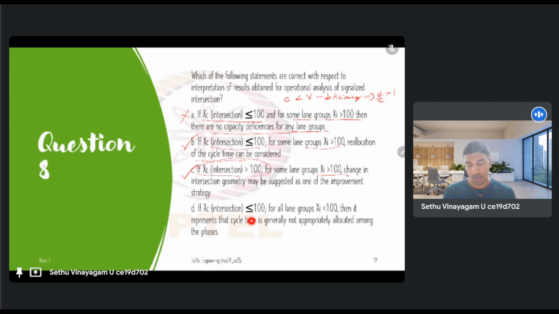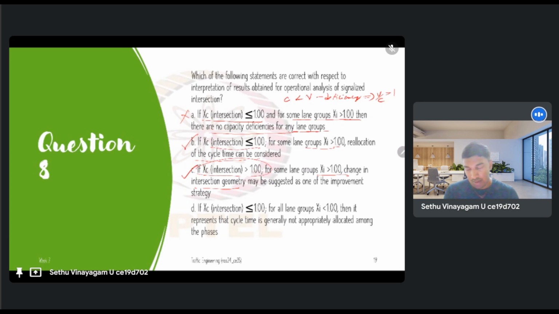Because we are not having adequate capacity for the intersection as a whole, maybe we have to look into changing the intersection geometry, like providing more lanes, right? So for those critical approaches, right? That is also one of the strategies that we can consider when the intersection as a whole is having a lesser capacity, right? So therefore C is also correct interpretation.